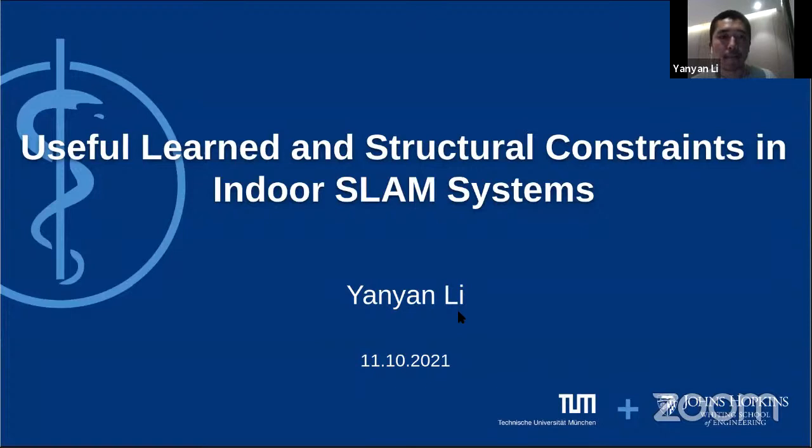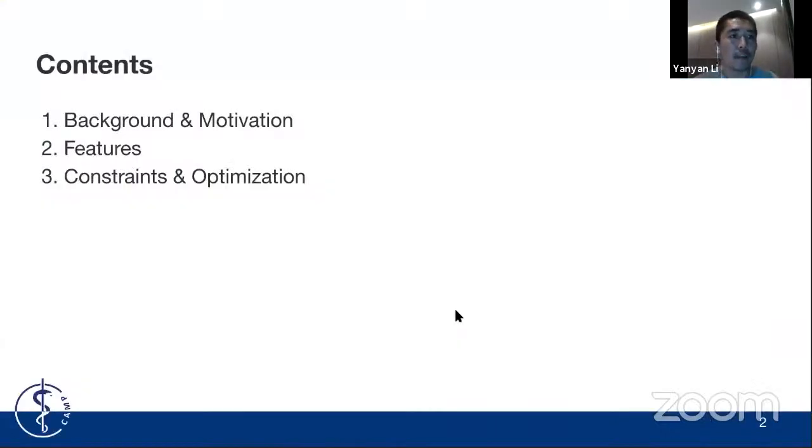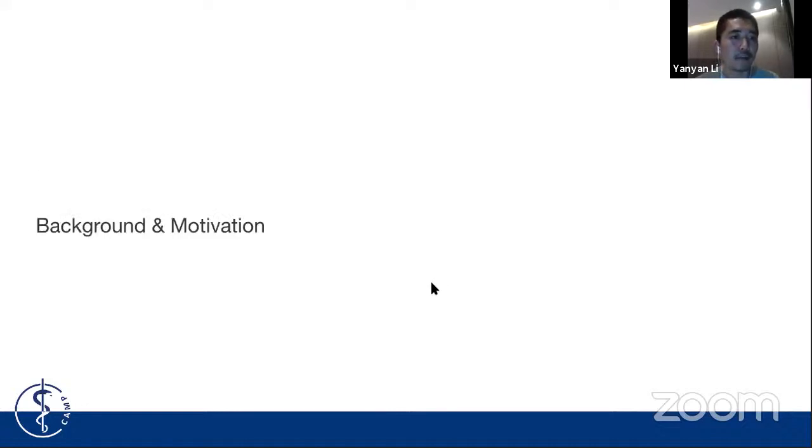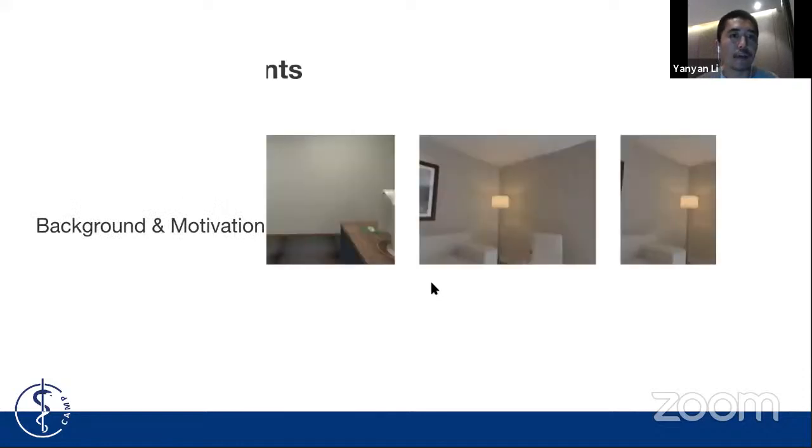Let's start. We have three sections: background and motivation, then features, and the final section is constraints and how to optimize those features in SLAM systems. This is the first section.